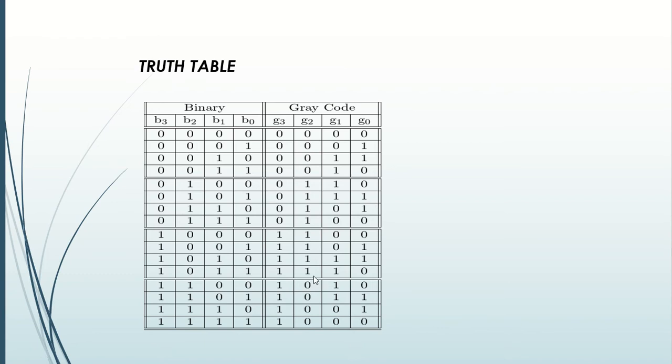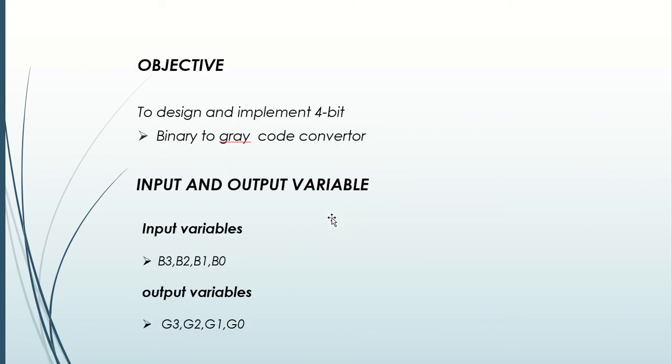Here the third bit is derived using 0 1, different inputs give 1. Here the fourth gray code bit is derived using 1 1 in XOR. The same inputs in XOR give 0. In this way, we are converting binary to gray code.